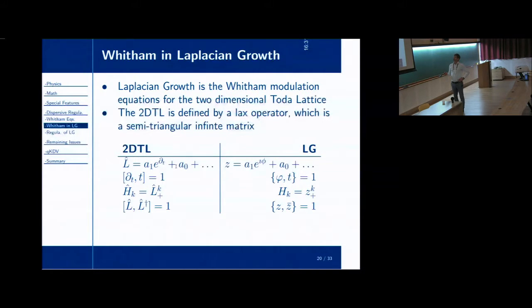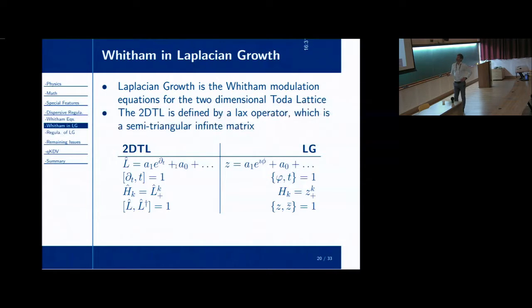Then the time, which appears also here, has a conjugate operator, which forms a Heisenberg algebra with t, which is just a derivative with respect to t. This derivative with respect to t goes over to phi. And we have the Poisson bracket in the semi-classical limit of phi and t equals 1.